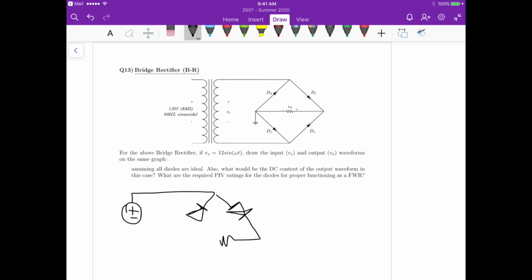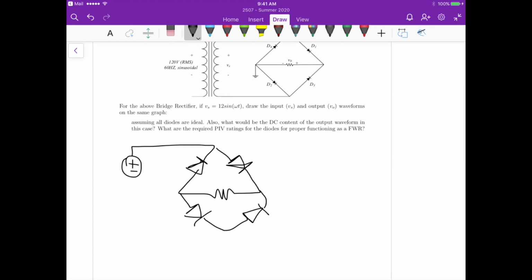Then we have the load here, another diode here. This goes back here, and this is just the ground. Okay, so we have Vs, right? Sorry, we have Vs here.